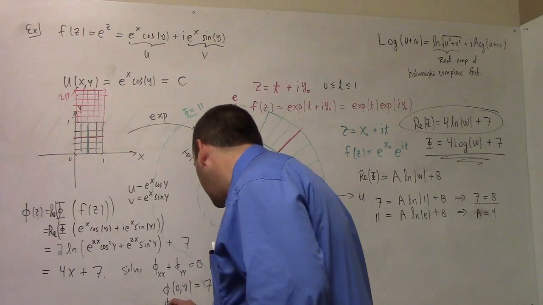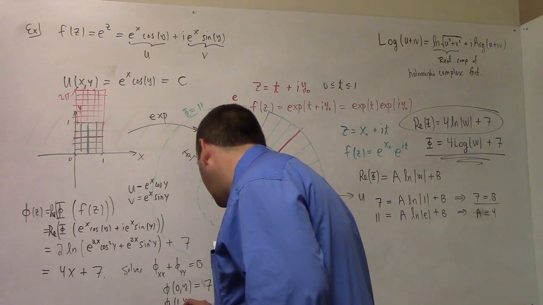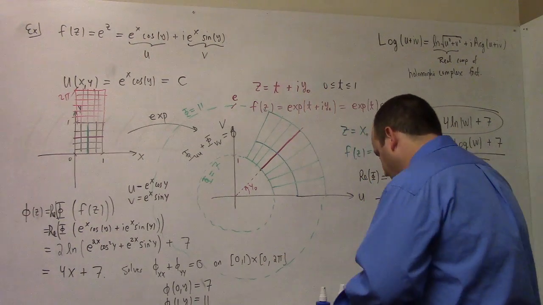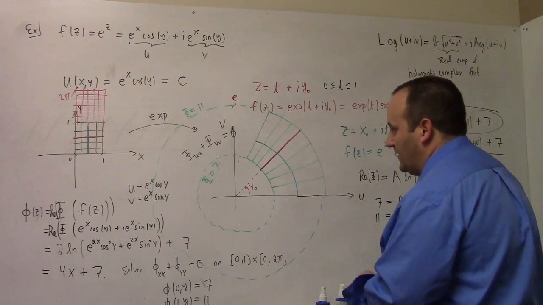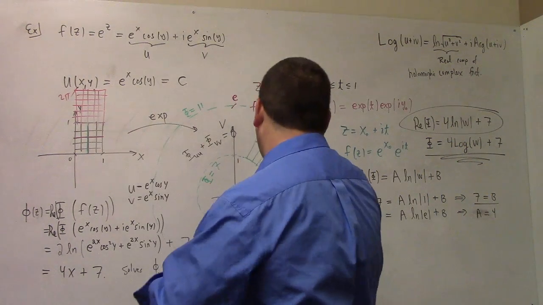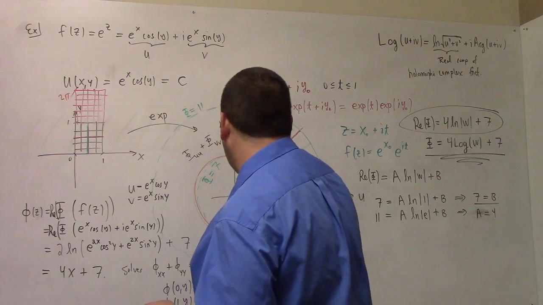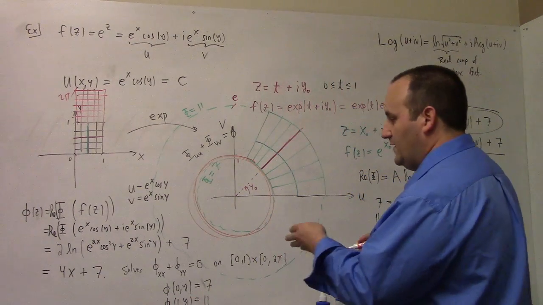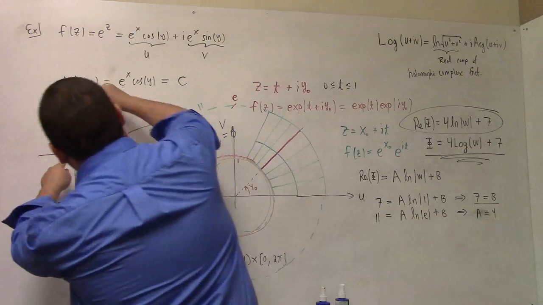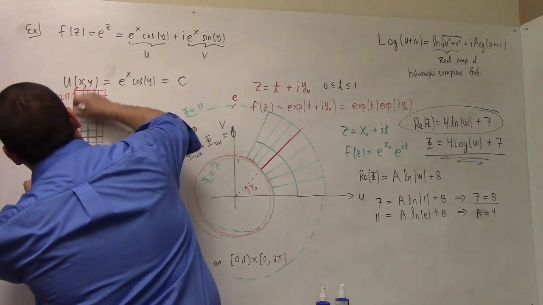And it has phi of 1 comma y equal to 11. So that's kind of the cool thing here, is I can use some color coding. This inner boundary here, where we had phi equals 7, maps to x equals 0. So that is getting transported back to this thing right here.